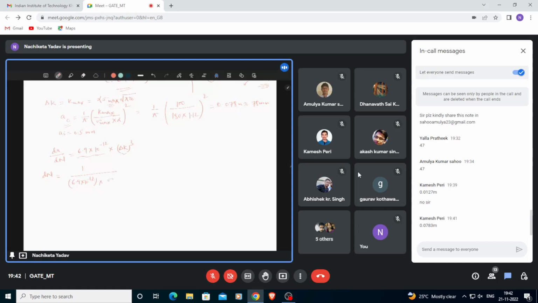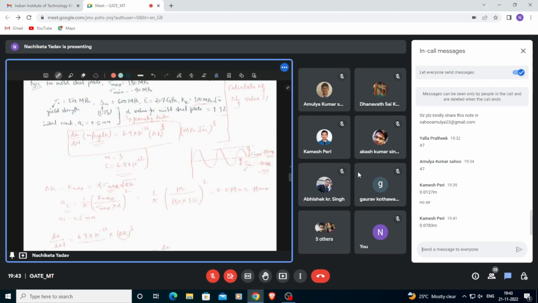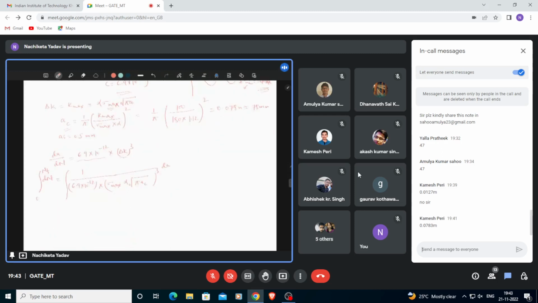Delta K means sigma max into alpha square root of pi A, cubed, and this is dA, and we will integrate from 0 to NF. Here we have to find the NF value. At 0 cycles the crack length was AI, and at NF the critical crack length is AC.